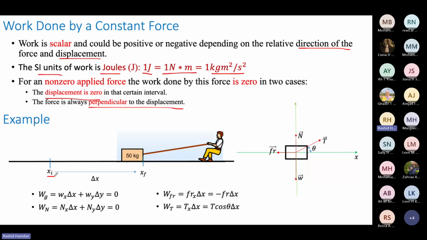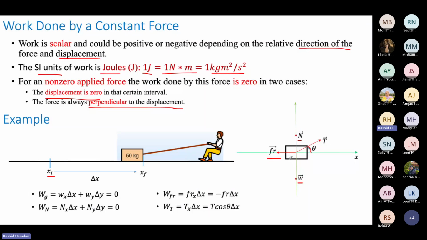So first, what are the forces? We have weight, vertical downward. We have N, vertical upward. We have tension along the rope that I'm pulling with, making angle theta with the horizontal. Then I have friction opposite to the direction of motion. So this is kinetic friction.